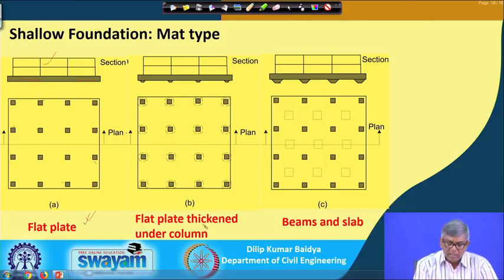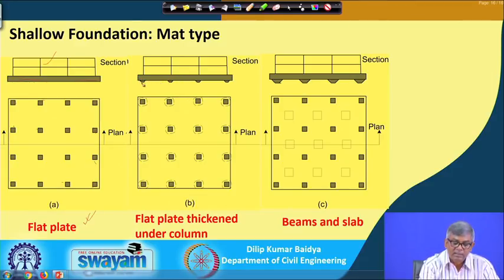Similarly, almost similar, it will be flat plate only, but in the column location, these are all column locations, these are all different columns. Wherever there is a column, below the column there may be a little thickened bottom side. Initially there will be some extra structural part, and wherever there are columns, this plate will be thickened at this column location.